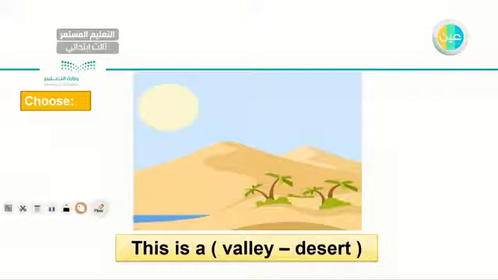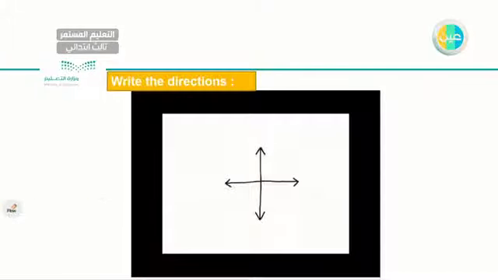Now, I need your help here to write the four directions together. If you could remember, when we introduced the city of Yanbu, we took the four main directions, and then we got it more complicated. But let's try the easy one. Let's start with this one. What shall I write here? North.